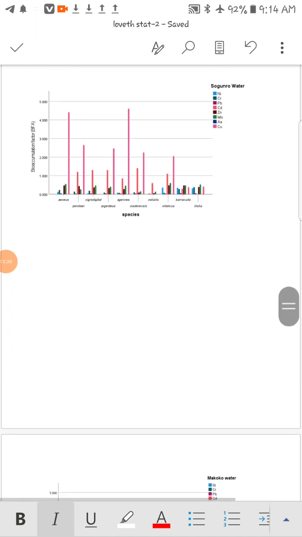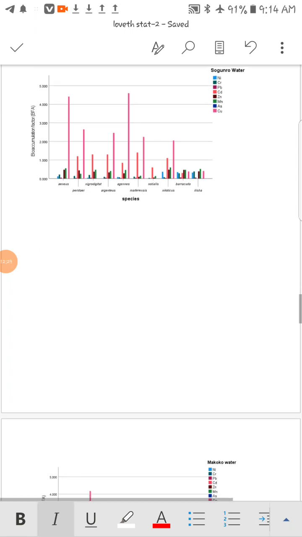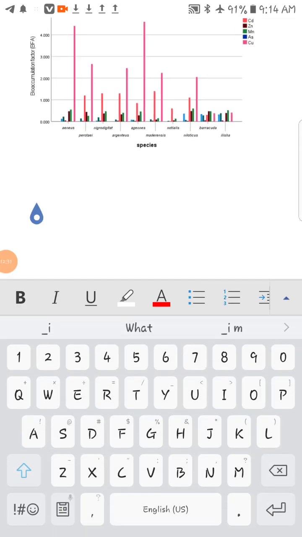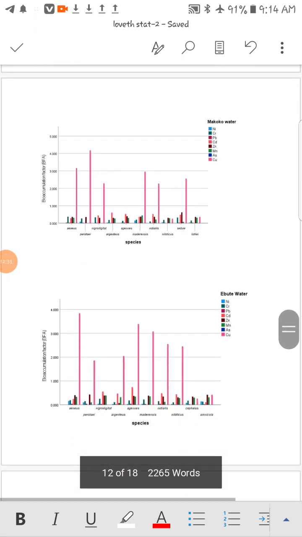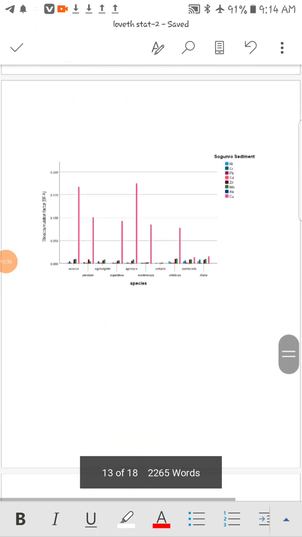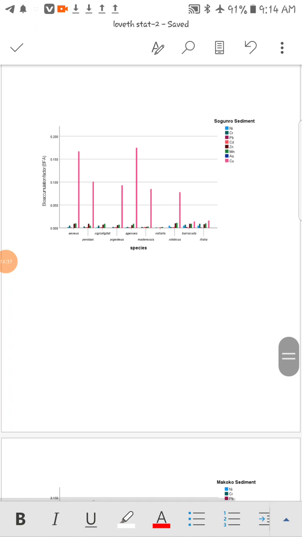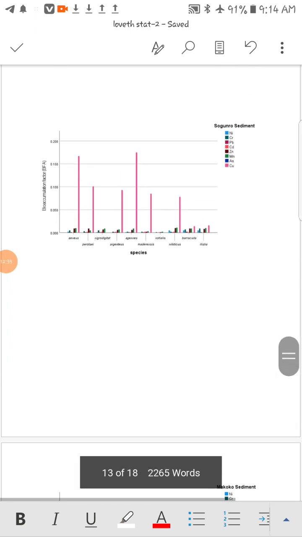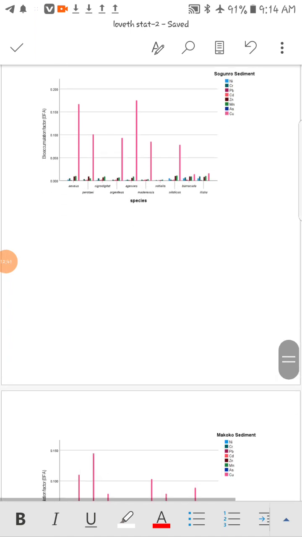And you can see at a glance that copper has the highest concentrations in them all. Same thing goes for all the organisms, the samples that were analyzed.